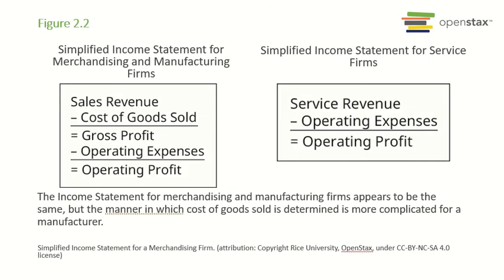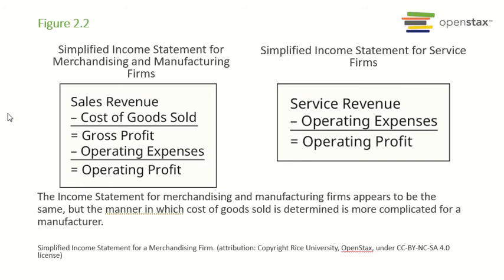Let's look at the income statement for merchandising and manufacturing firms and service firms. Let's look at the service firm first. The simplified income statement is simply service revenue minus operating expenses equals operating profit. The simplified income statement for merchandising and manufacturing firms has two steps.